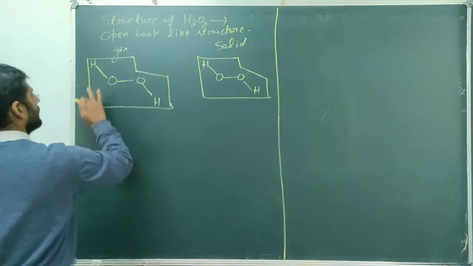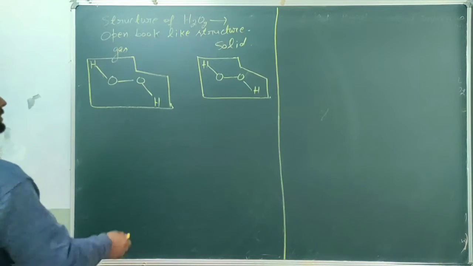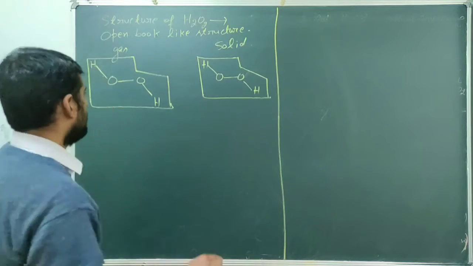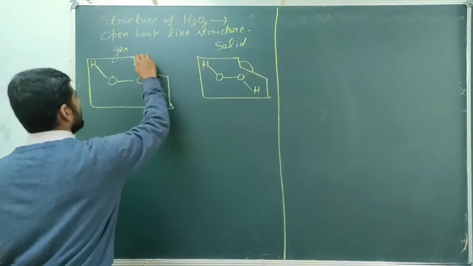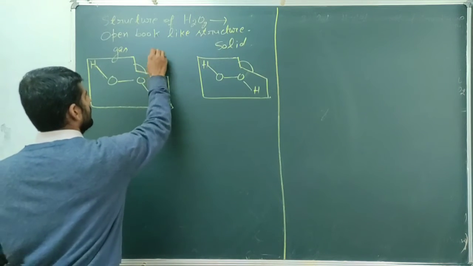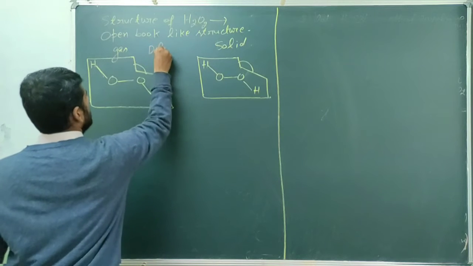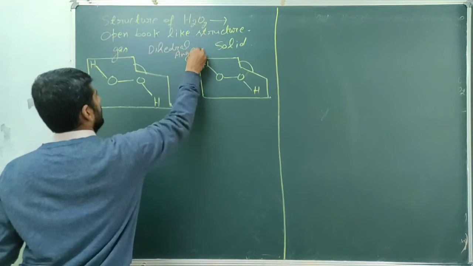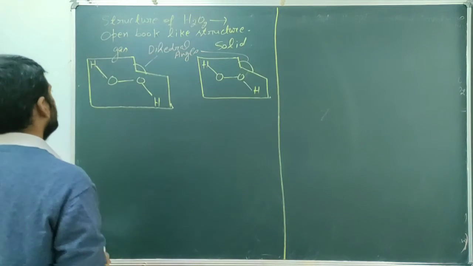Okay, this is the structure. This is in gas phase, this is in the solid phase. So the difference is only in angles. Is it okay? This angle is called, students, the dihedral angle. What is it called? These two angles. I can write in a different color. There is a dihedral angle. This angle and this angle. It is the dihedral angle.